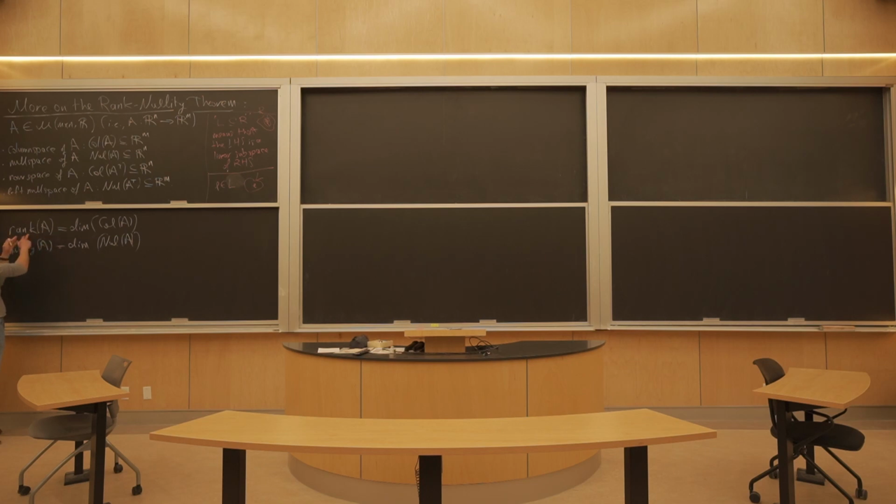So I can just call it the rank of A transpose and nullity of A transpose. Okay, so these are 4 numbers.